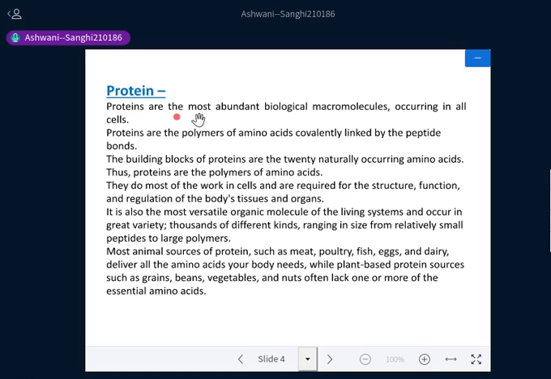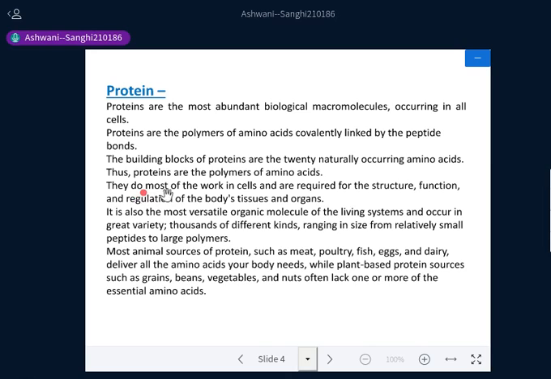Proteins are the most abundant biological macromolecules, occurring in all cells. Proteins are polymers of amino acids linked by peptide bonds. The building blocks of protein are the 20 naturally occurring amino acids. Amino acid is the monomer unit of proteins.